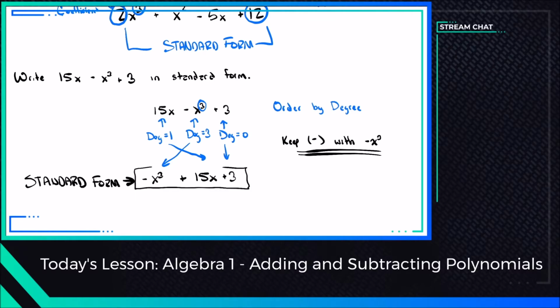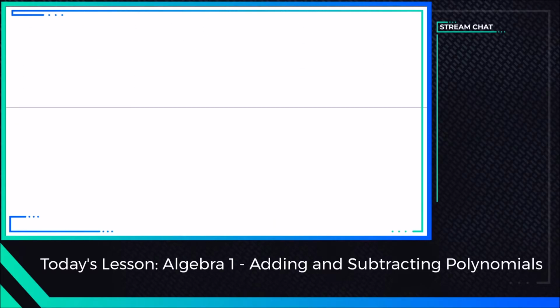All right, so now we're going to go through and we're going to identify some polynomials by type. So is it a monomial, a binomial, a trinomial? And we're also going to write them in standard form as well. So we've got a whole bunch of stuff going on.